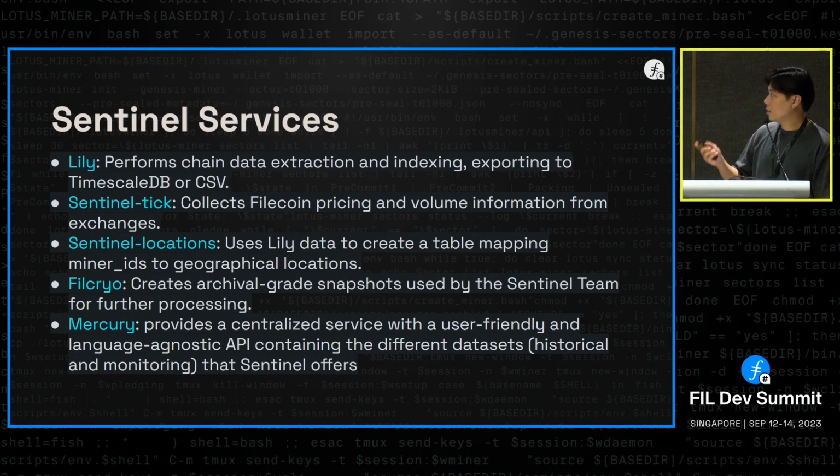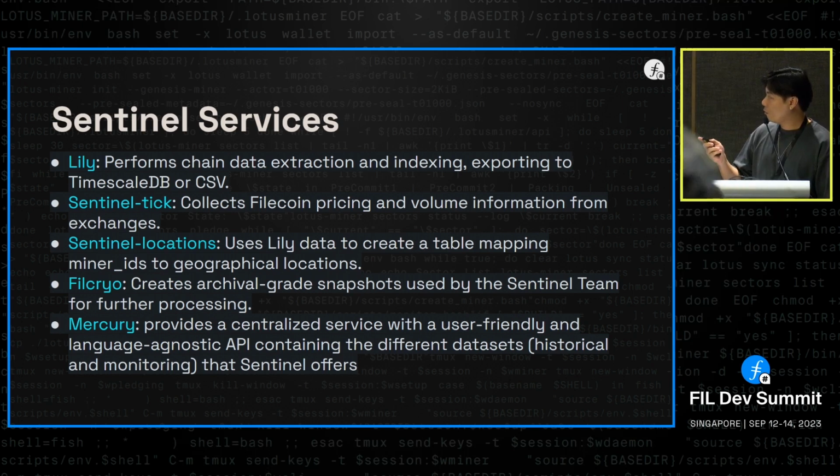So here is a list of Sentinel services that we offer and maintain. The first one is Lily. It's a core technology that we use to extract blockchain data from the Filecoin blockchain. And we have Sentinel Tick that collects Filecoin pricing from multiple exchanges. We have Sentinel Location that maps the miner's geographical location from the Sentinel-derived data.